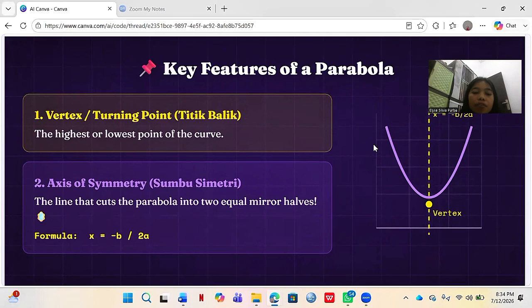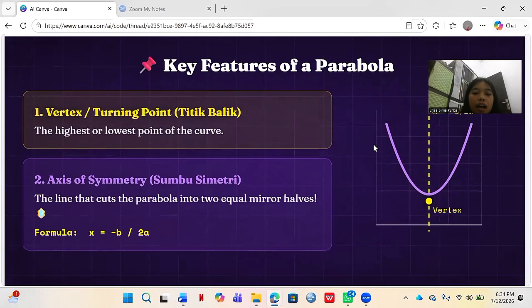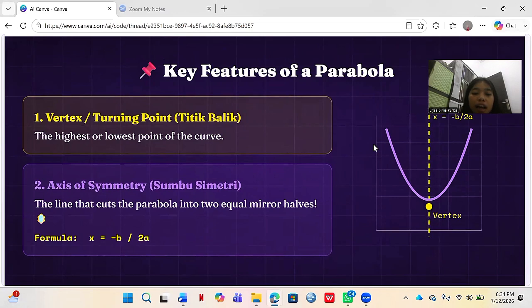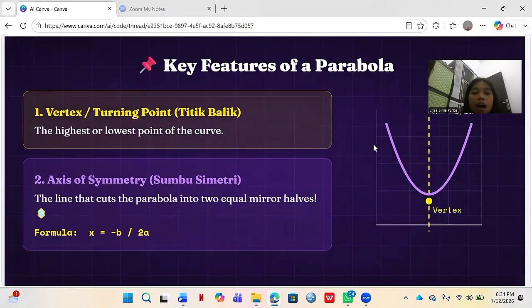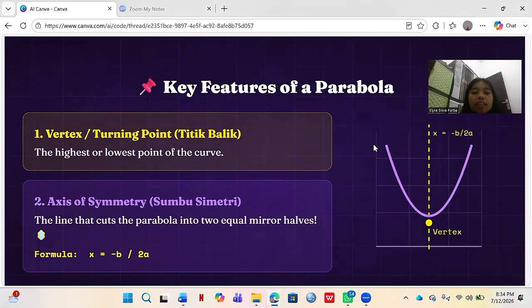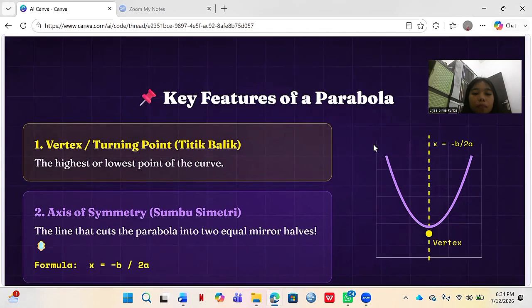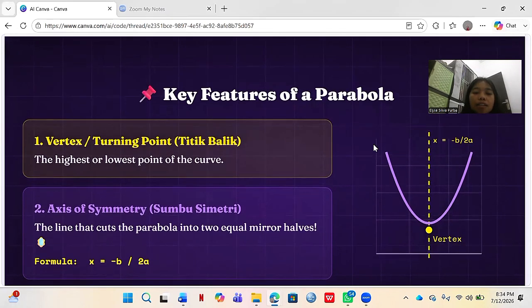Second, we have the axis of symmetry. It is a vertical line that cuts the parabola exactly in half. We can find the axis of symmetry using the formula x equals minus b divided by 2a.